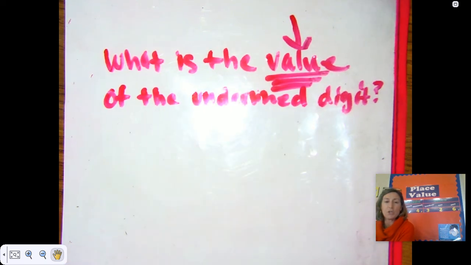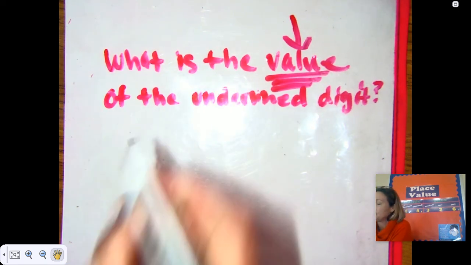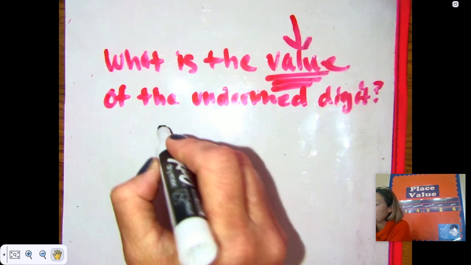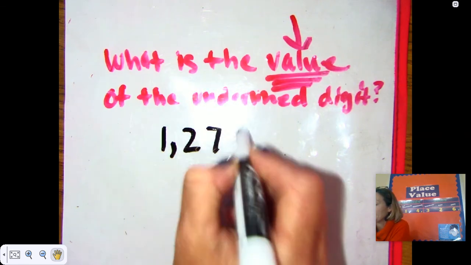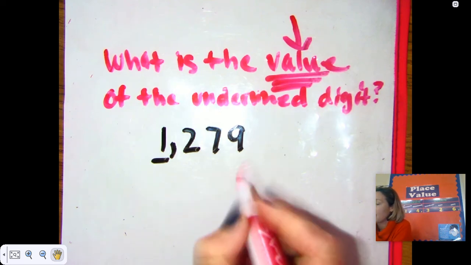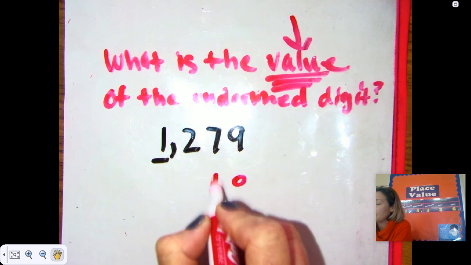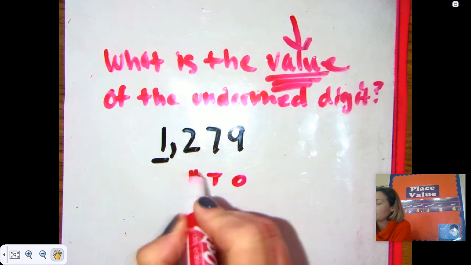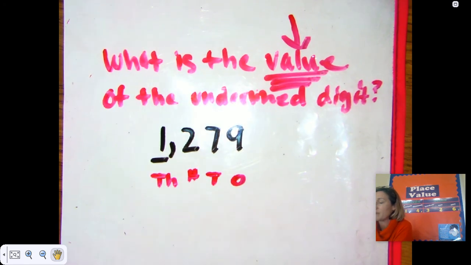What is the value of the underlined digit? Okay, value, money. It's not what place value spot. It's not going to be thousands, okay, because it's not in the thousands place. So let's look at the value. So we would come down here and say ones place, tens place, hundreds place, thousands place.